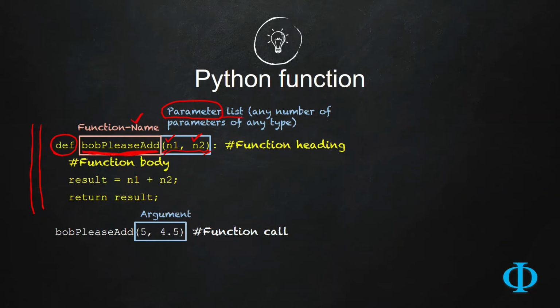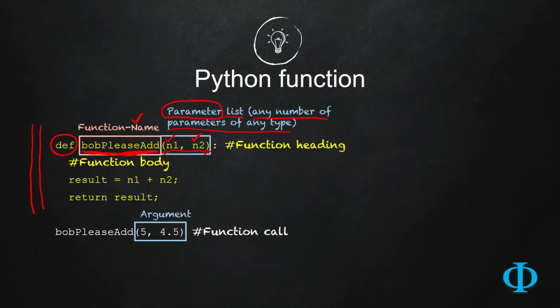You can pass a list of parameters on top of which the function will work. Now in our case, we just want to add two numbers. That's why we have only two parameters, n1 and n2, but there can be any number of parameters of any type you can pass in the function as a parameter list.